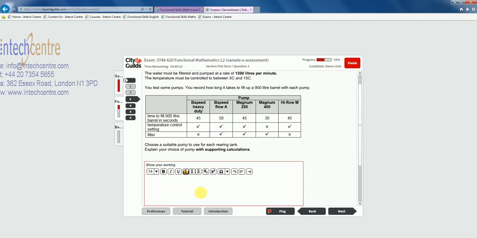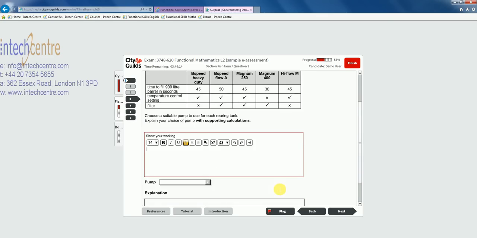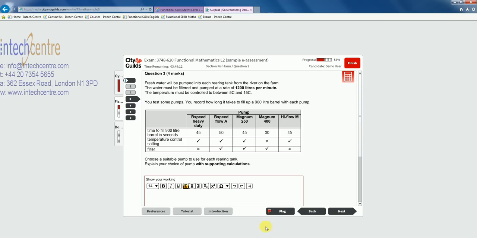Okay, so this is about picking a suitable pump. So it's a process of elimination, and then we can do some calculations to check which pump is actually suitable. So we look at the pumps. We need to make sure we meet the criteria of the pump that we need. So the water must be filtered and pumped at a rate of 1,200 litres per minute.